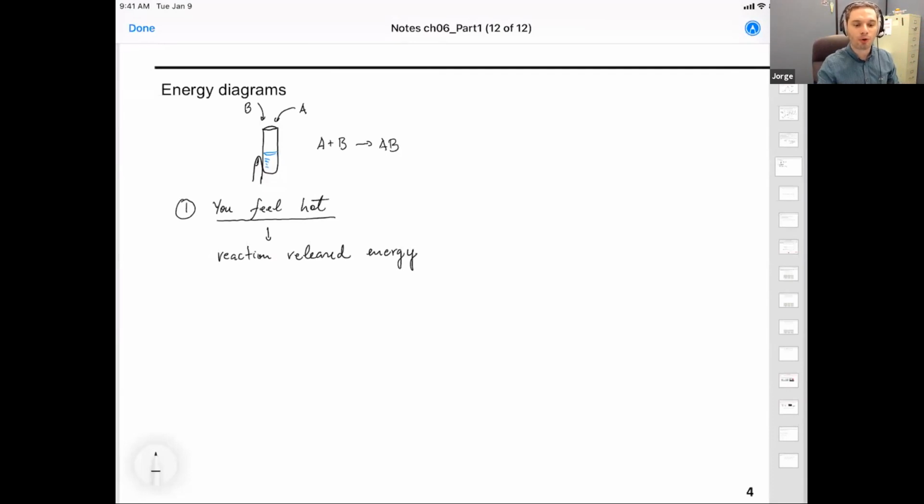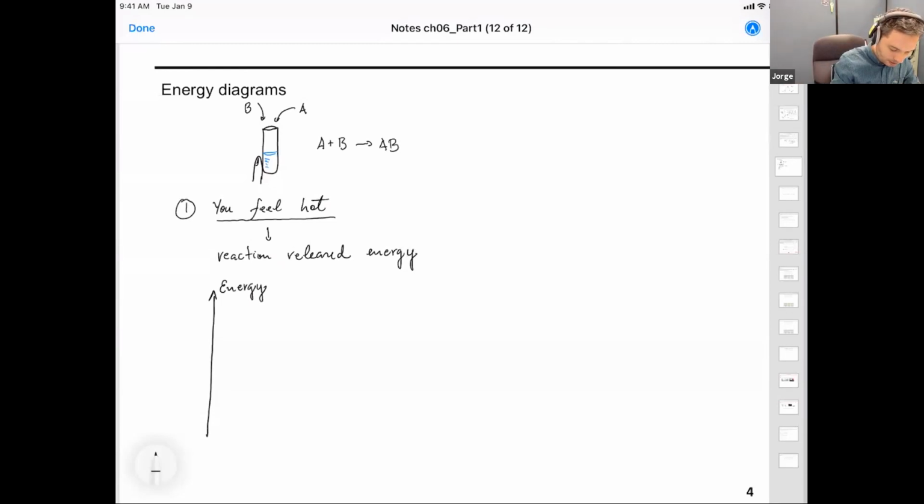Now let's draw the energy diagram for this situation. An energy diagram is going to be a graph where the y-axis is labeled energy, and we are going to represent the energy of the reagents and the energy of the products by horizontal lines.